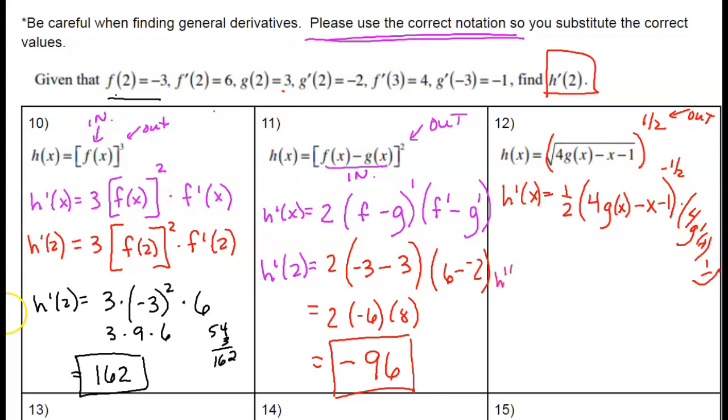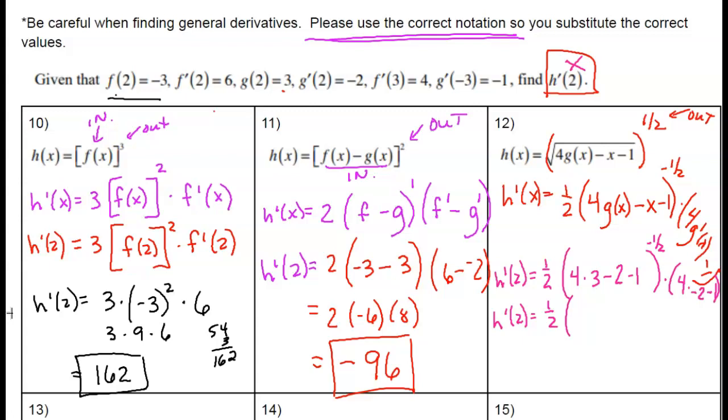All right, so h prime of 2 is 1/2. You have some choices here. I'll just leave that negative power. 4 times g of 2 is 3, minus x is 2. Remember, that is our x value. And then we've got 4, g prime of 2 is negative 2, and then minus 1. So a lot to clean up. We get 1/2.